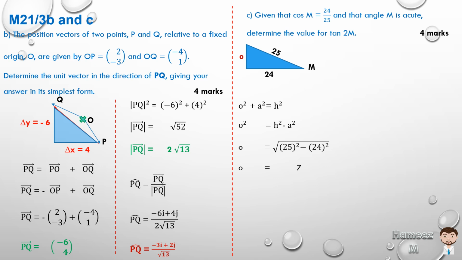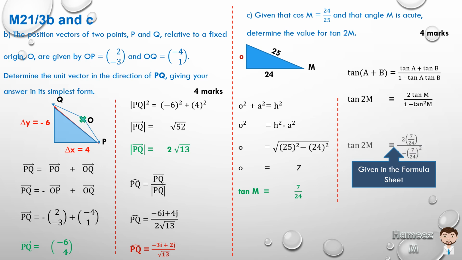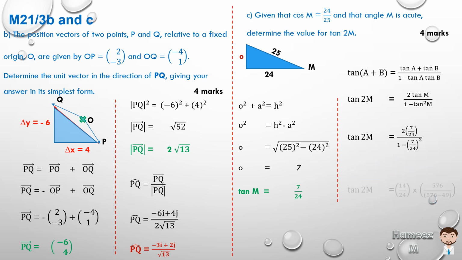So tan M is opposite over adjacent, which is 7 over 24. And if we want to find the double angle formula, tan (A plus B) is tan A plus tan B over 1 minus tan A tan B. And if A and B are the same, let's call them M, so tan 2M is 2 tan M over 1 minus tan squared M. This is given in the formula sheet. So if we substitute, tan 2M is equal to 2 by what's tan M? 7 over 24, all over 1 minus (7 over 24) squared.